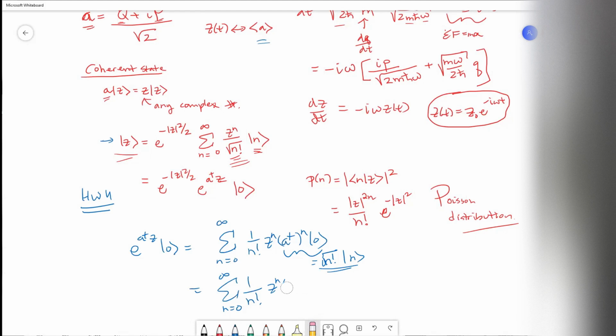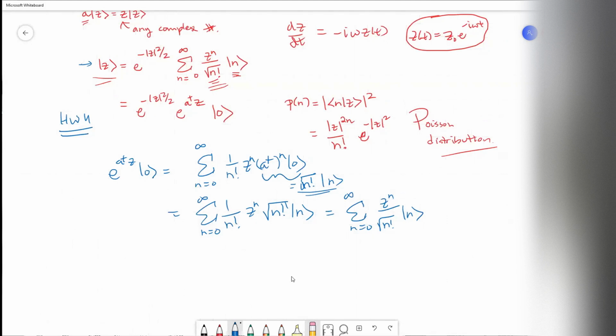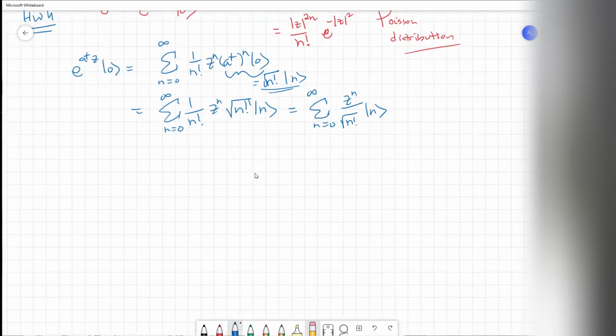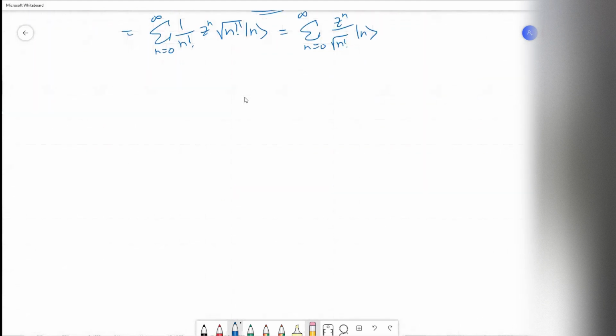So then this is square root of n factorial times n. That's it. Thank you. Okay, so you'll study that on the homework.